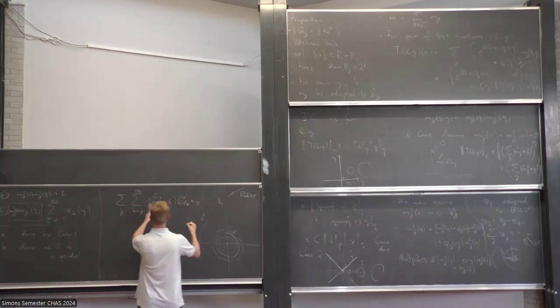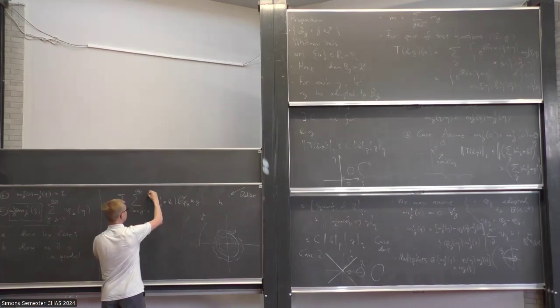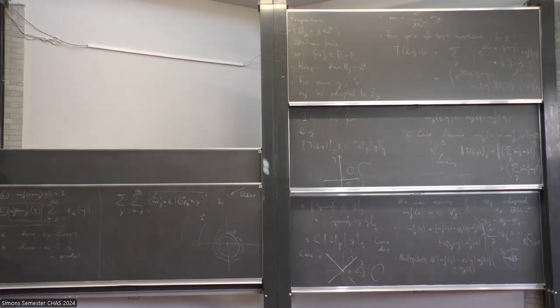And now we look at this product function. And we ask, where is the Fourier support of this one? So now the Fourier transform of a product is the convolution of the Fourier transforms. And the support of the convolution is contained in the Minkowski sum of the supports of the ones to be convolved.